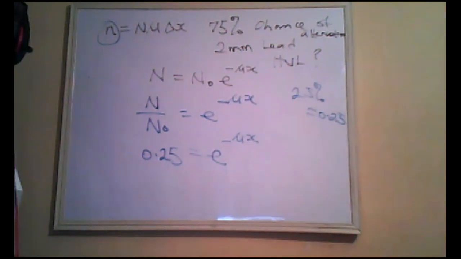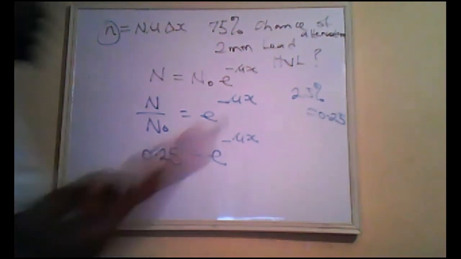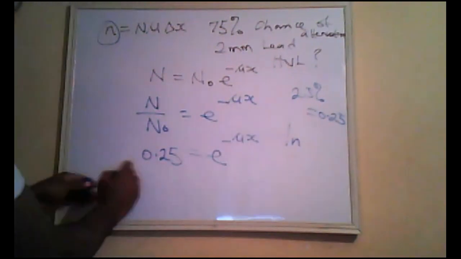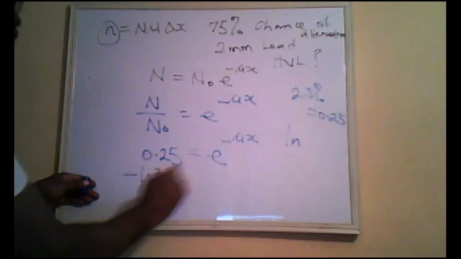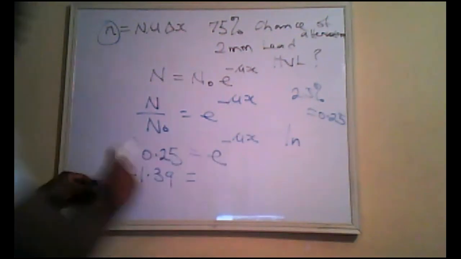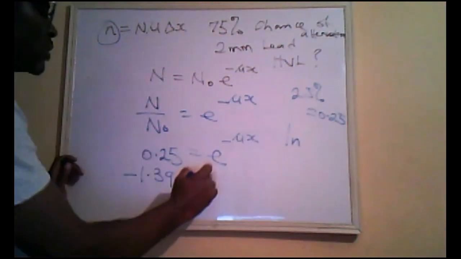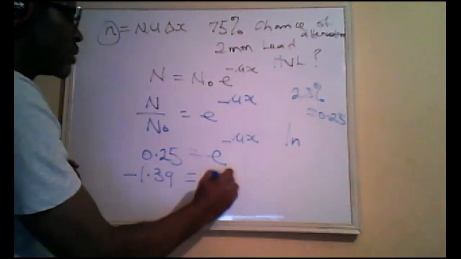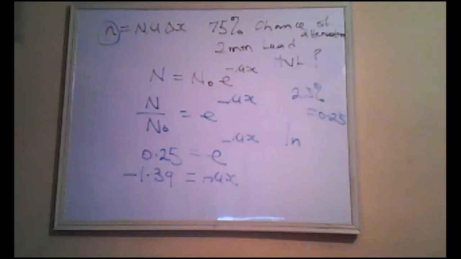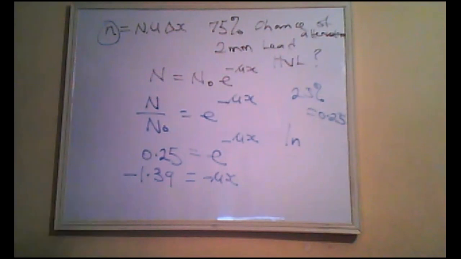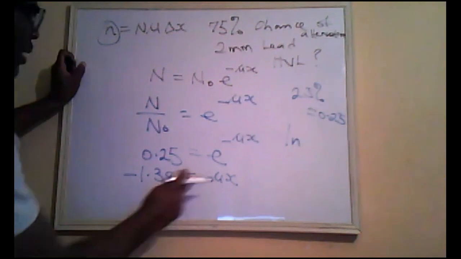Okay. So can someone get us the ln of this natural logarithm? Minus 1.39. Okay, minus 1.39 is simply the natural logarithm of this. If we get the natural logarithm of this, it's going to give us minus mu x. That's a little small mathematics there, but it shouldn't be a problem. Let's not forget that we all learned these sciences in school.